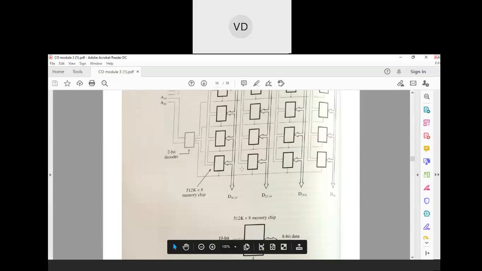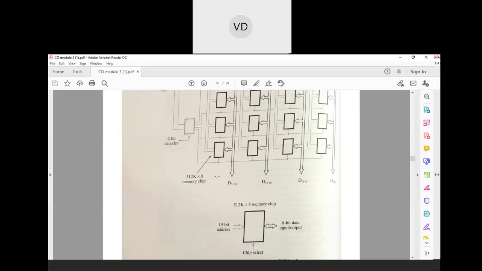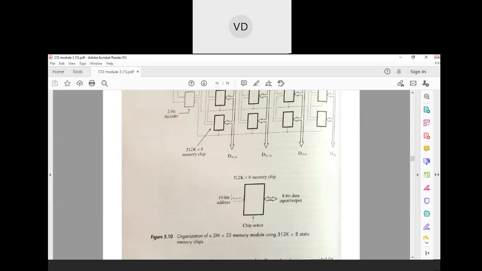Here there are 4 columns, so for selecting 4 columns we require 2 bits: 00, 01, 10, 11. 00 means the first one, 01 the second, 10 the third, and 11 the fourth column.